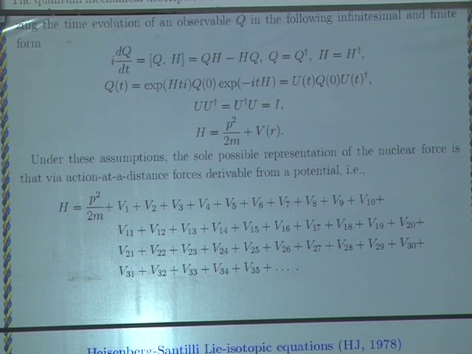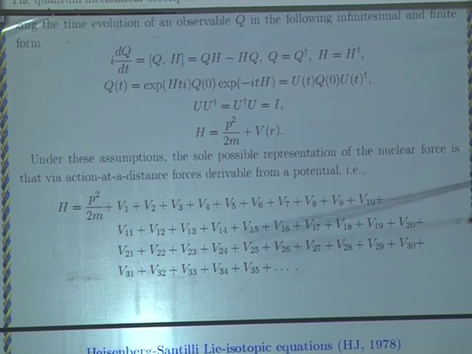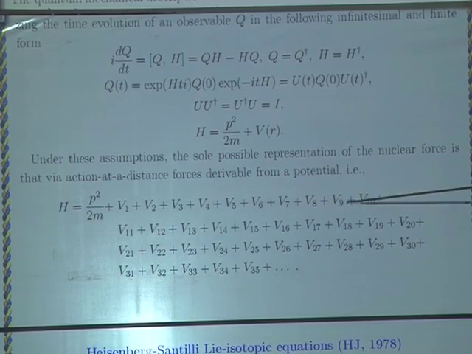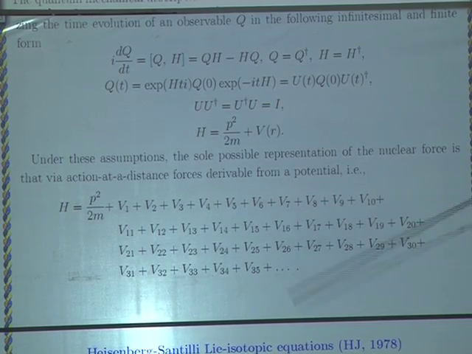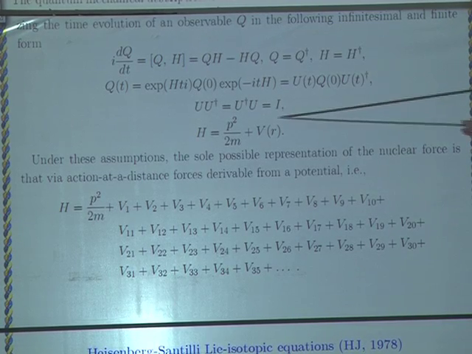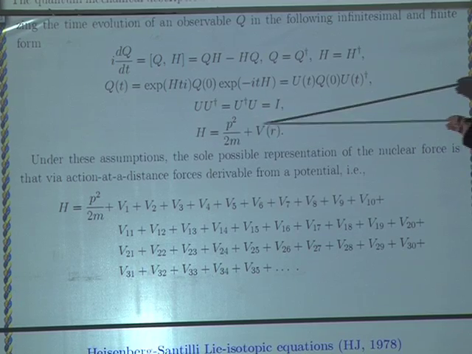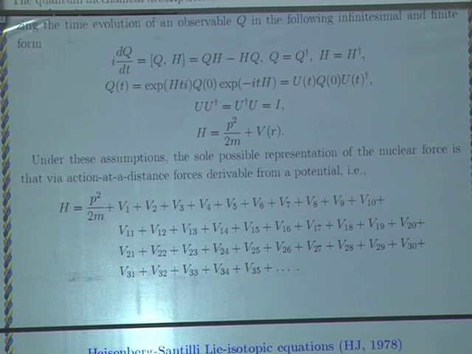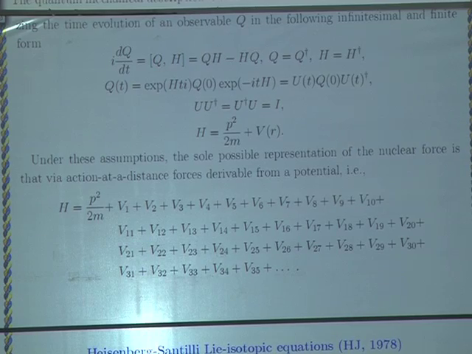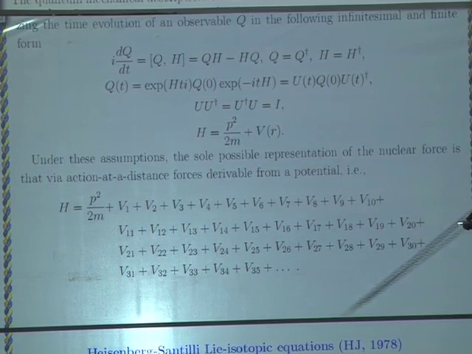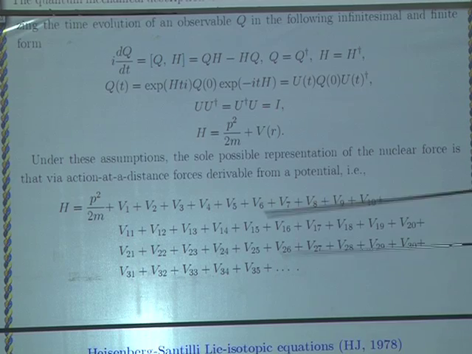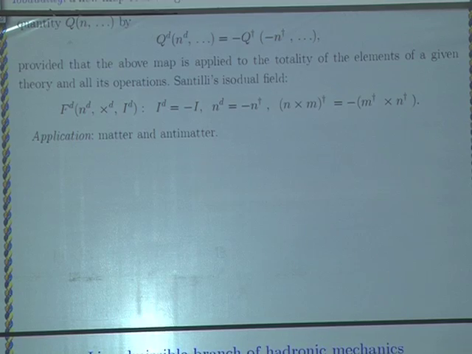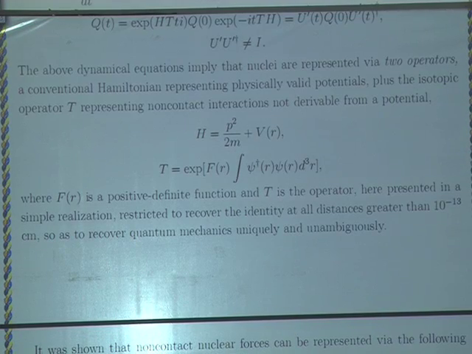And because these forces are non-potential, they require to take a lot of different terms in Hamiltonian, to take into account all different corrections and to fit this potential energy to different experimental data. And so this is how the ordinary nuclear physics and quantum physics work.